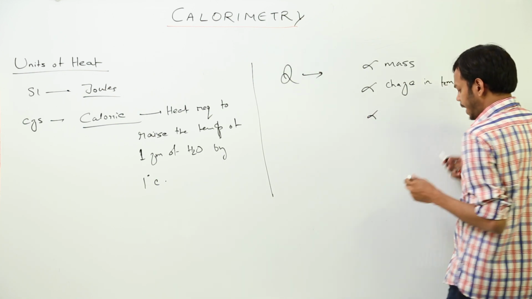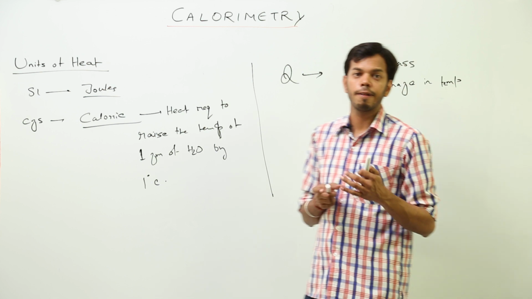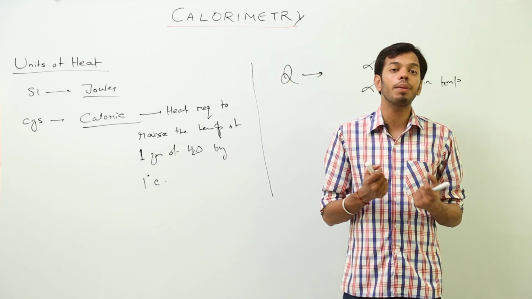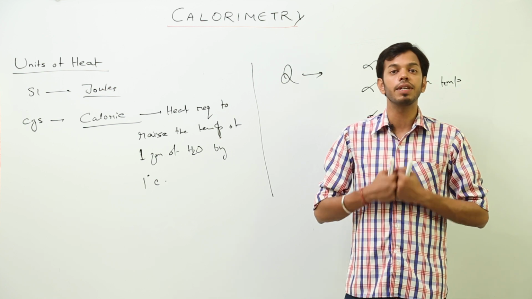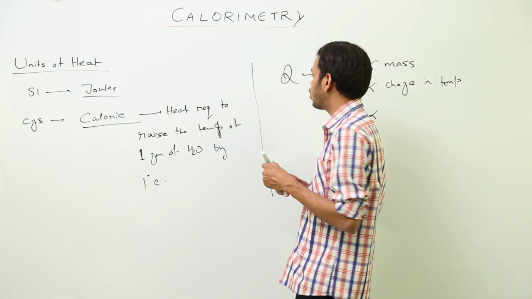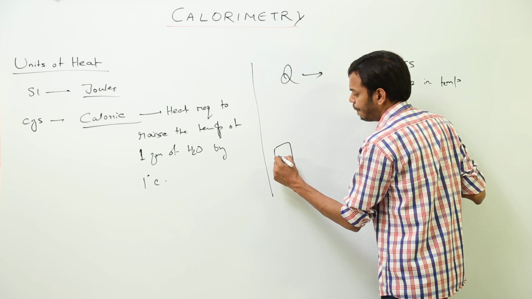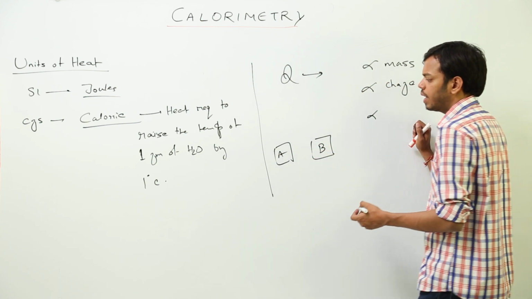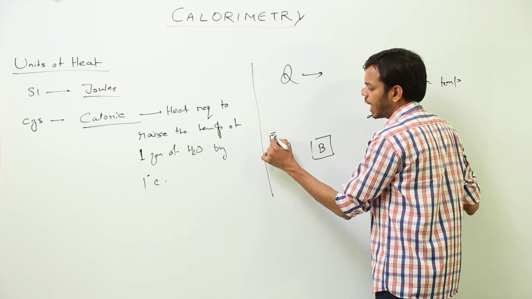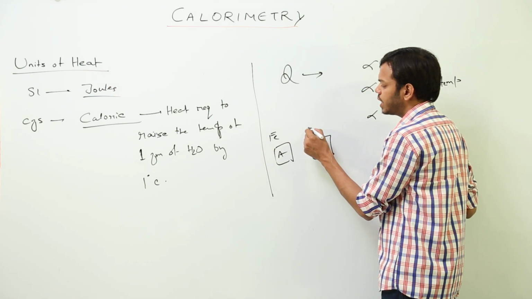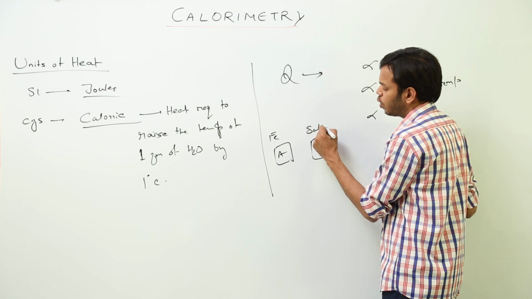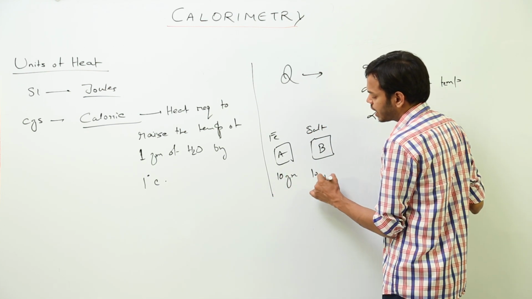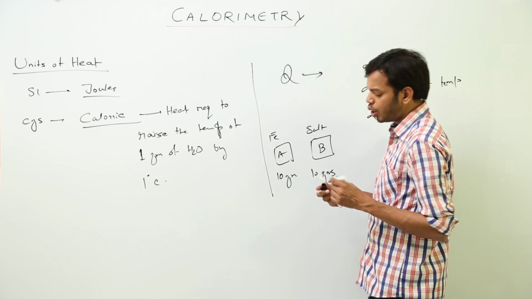Lastly, the same mass of different substances will take different amounts of heat to raise the temperature by the same quantity. Suppose there is a quantity A and a quantity B. Let's take an example: quantity A is iron and quantity B is salt. We have taken 10 grams here as well as 10 grams here.